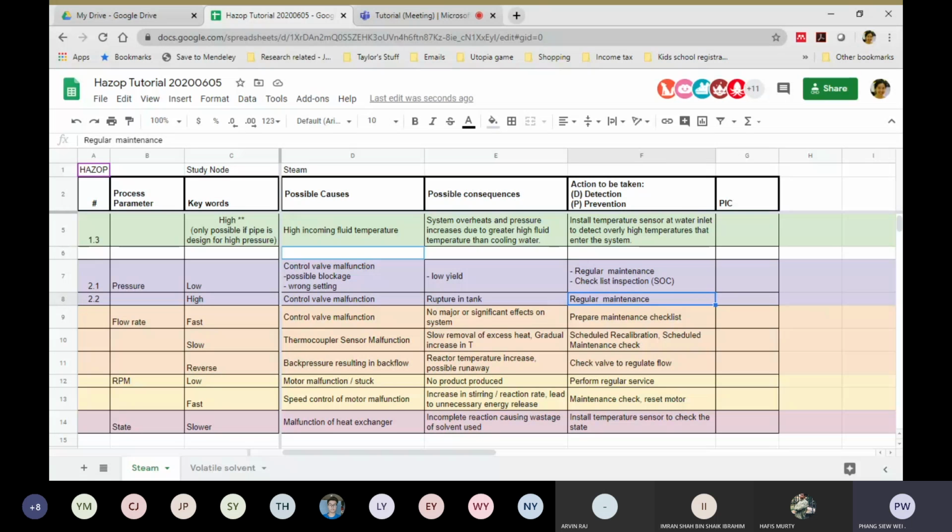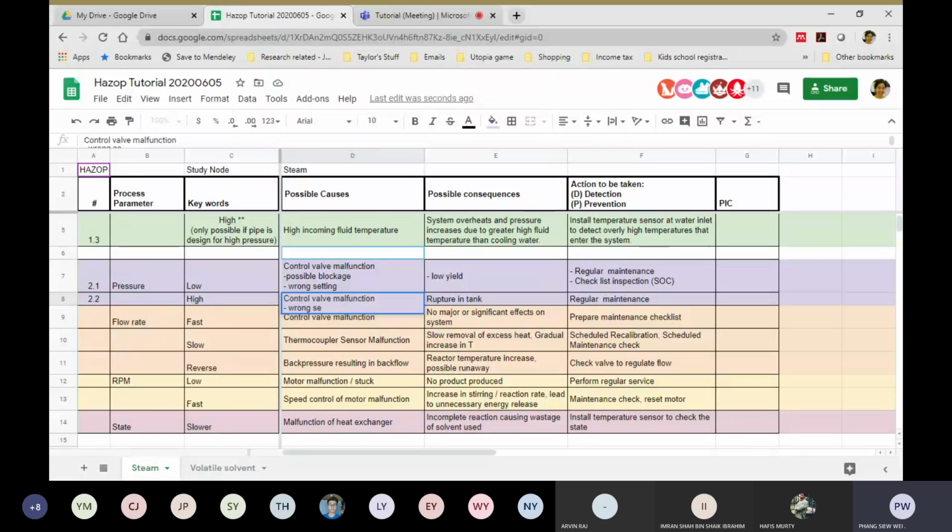Okay, so the next one. Anything else you want to add for this one? Yeah, that's all for now, I guess. Okay, so what about high pressure? For high pressure, I guess we can use the control valve setting again.